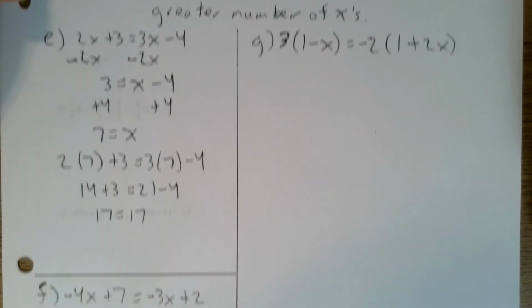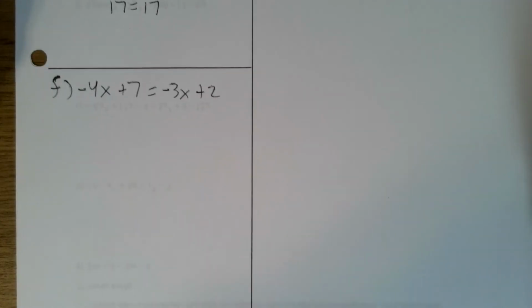Okay, F. Again, following the hints, we want to get x on one side first, and we want to get it on the side with the greater number of x's. Be careful. Which is greater, negative 4 or negative 3?